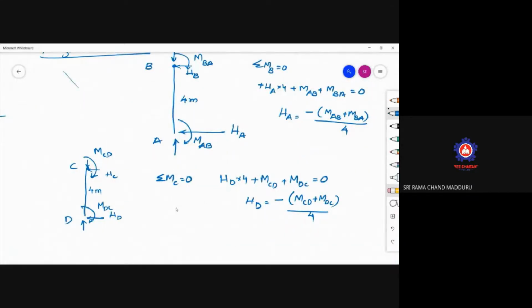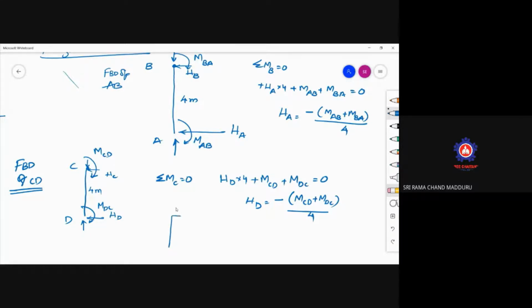That is, we have considered the free body diagram of column AB and the free body diagram of column CD. So with this, we got the horizontal reactions HA as well as HD in terms of moments MAB, MBA, like that we calculated. Now, we do the horizontal shear condition.